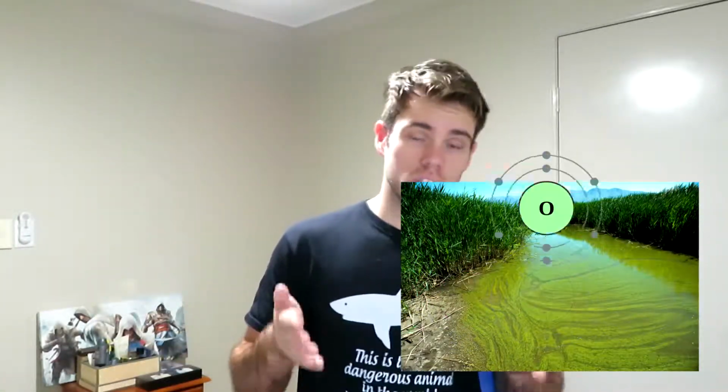So what happens is that if these algal blooms are in excess, they're going to be taking up a lot of oxygen at night. And it's not only at night. When algal blooms die, they sink to the bottom of the floor of whatever body of water that they may be in, be it river, be it stream, be it lake, be it dam, be it the ocean. They'll sink to the bottom, they'll die and take up oxygen and trap it in the sediments.